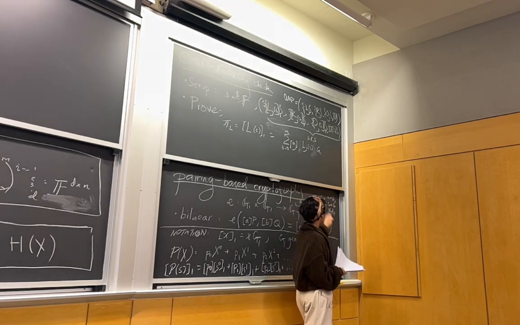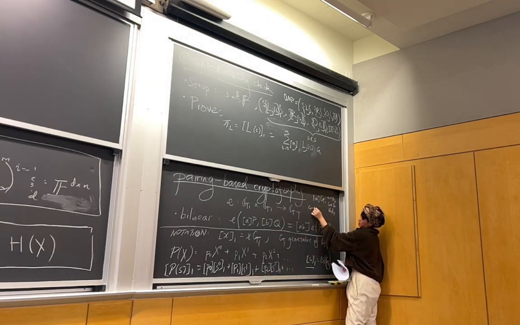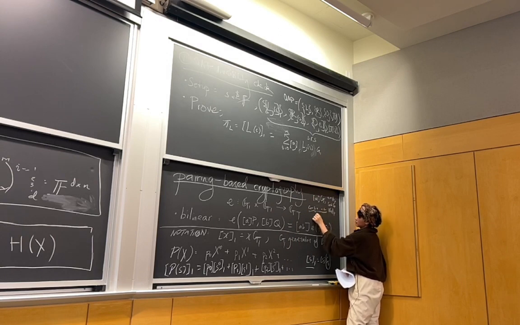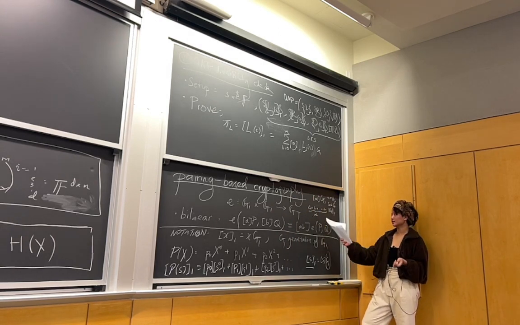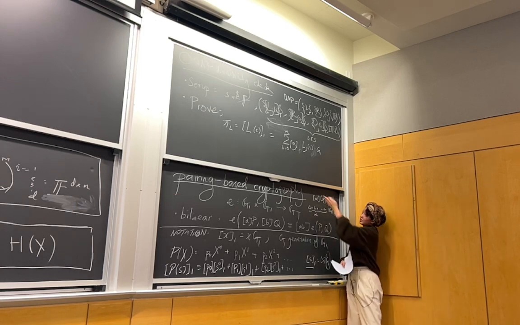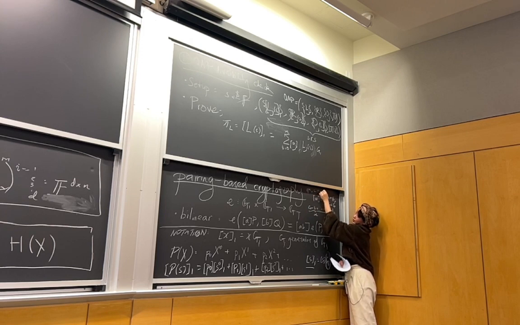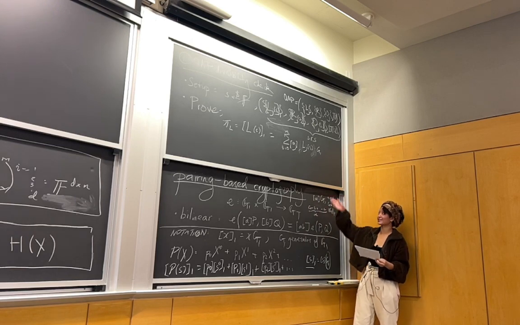So when I write alpha G, what I mean is G plus G plus G, alpha times. And this is called additive notation. If I wanted to do multiplicative notation, I would write G to the alpha equals G times G times G, alpha times. But I choose the additive option.